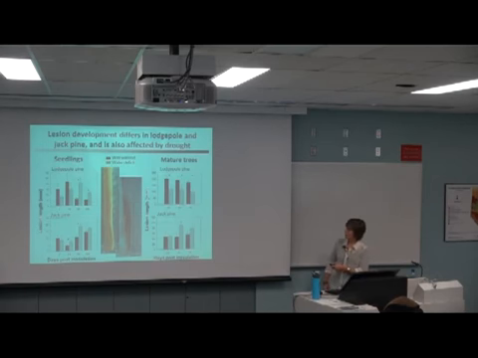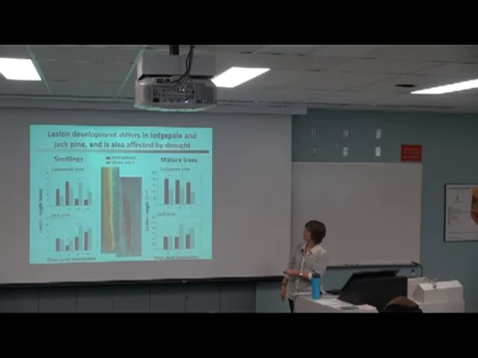So one of the measures that's often used to determine not only how the tree is responding to mountain pine beetle, but how the mountain pine beetle would respond to the tree is using the fungus that the beetle carries as a proxy and carrying out inoculations.